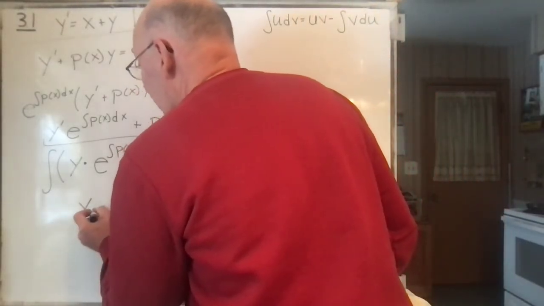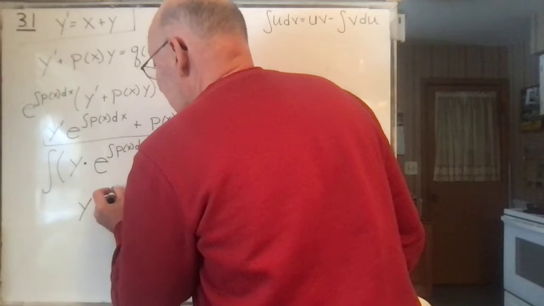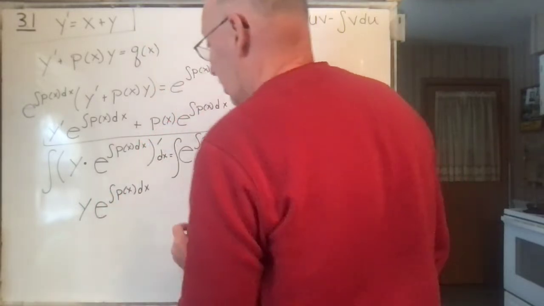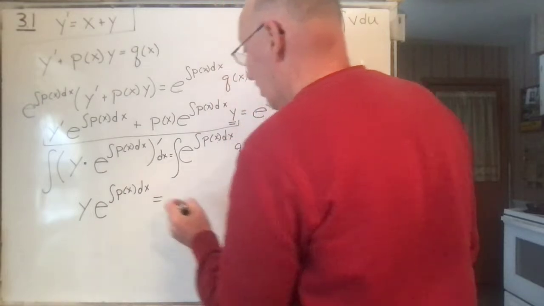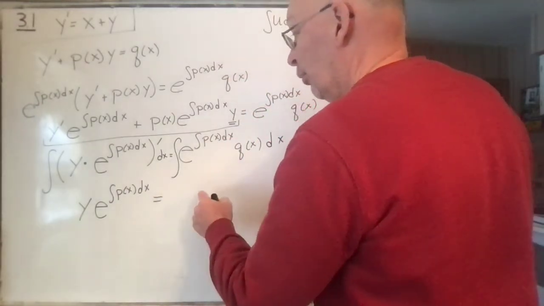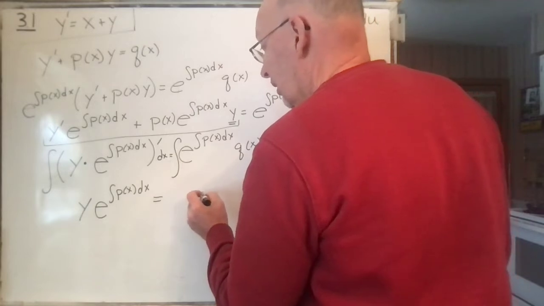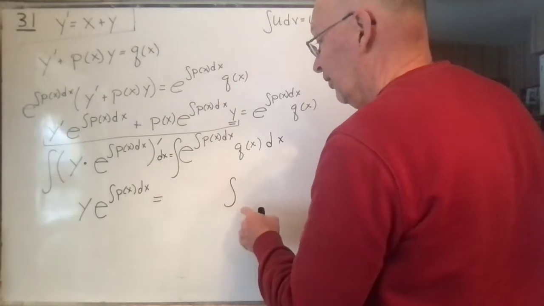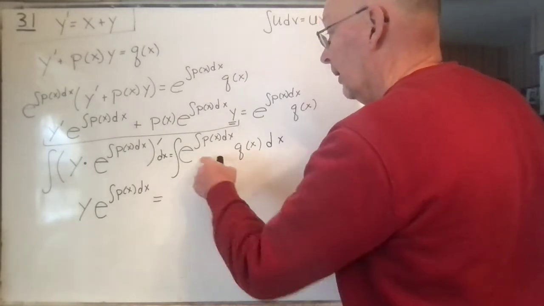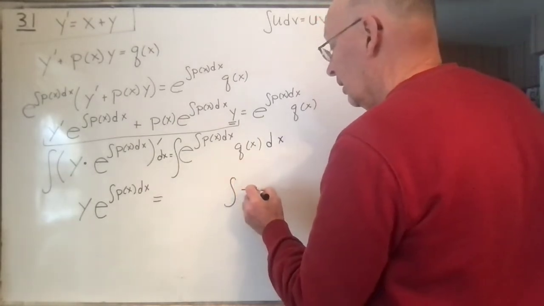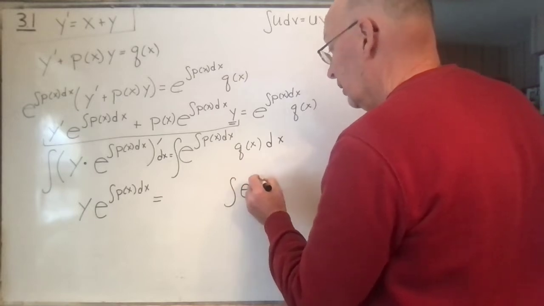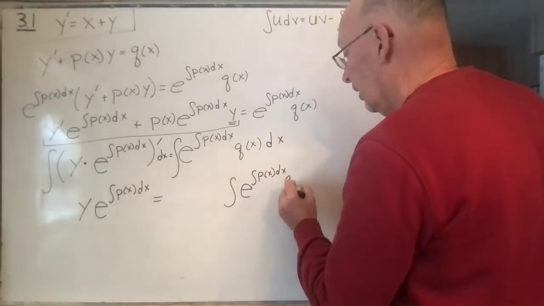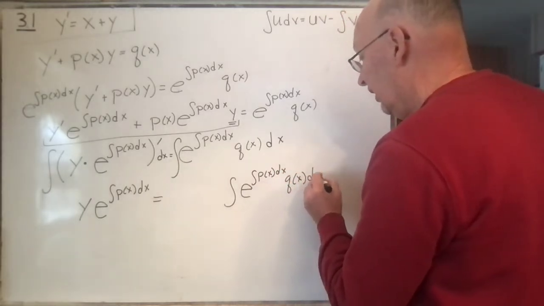So it's just going to be y e, and now you're going to have this whole thing over here. I'm going to put it over here just so I can do one more step, and I'm going to write it as e to the integral of p of x dx times q of x dx.